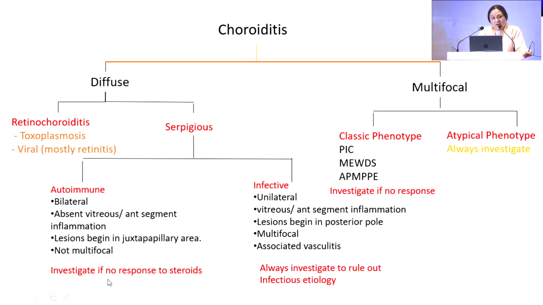If it is a very classic autoimmune variety, which I said generally we don't see, you may not treat, may give steroids, but if the patient is not responding, you may investigate. But if it has inflammation, the chances of TB are very high, so you always investigate to rule out infectious etiology. Multifocal choroiditis, there are some classic phenotypes, PIC, MEWDS, AMPPE.